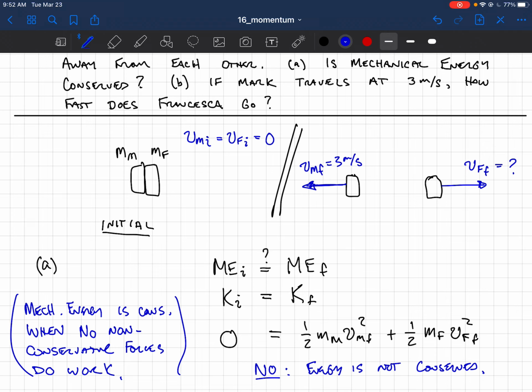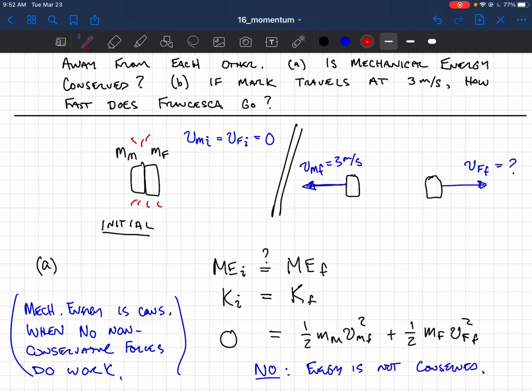Well, here they are pressing their palms against each other, and that normal force on each other is a non-conservative force, and it's doing work. They're both doing work on each other, and that inputs energy to the system. So there is a little explosion that is happening as they push off of each other, and that explosion is adding mechanical energy. You could think about how do we get total energy conservation?